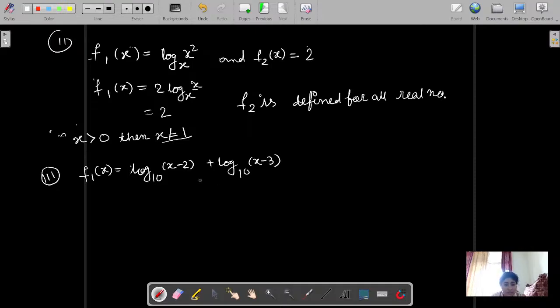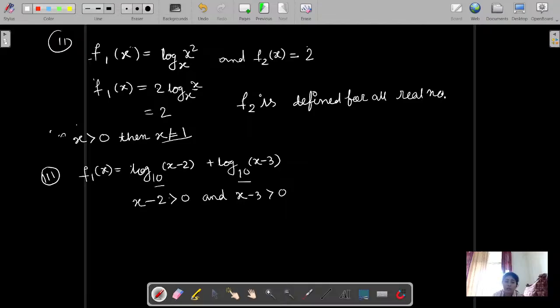So x minus 2, x minus 3. The base is, you can see, 10, and here also 10. So both are greater than 0. To get this function defined, we have to think about x minus 2 and x minus 3. These should also be greater than 0, right?